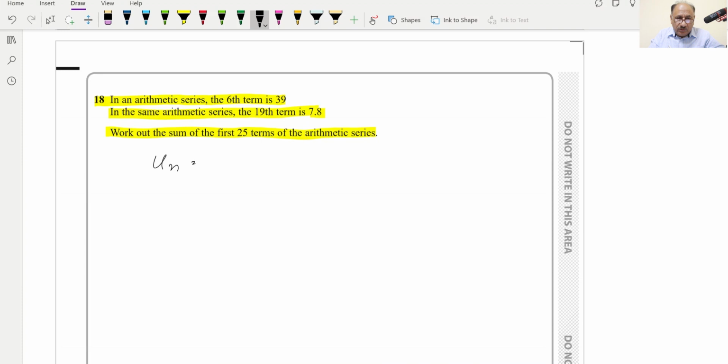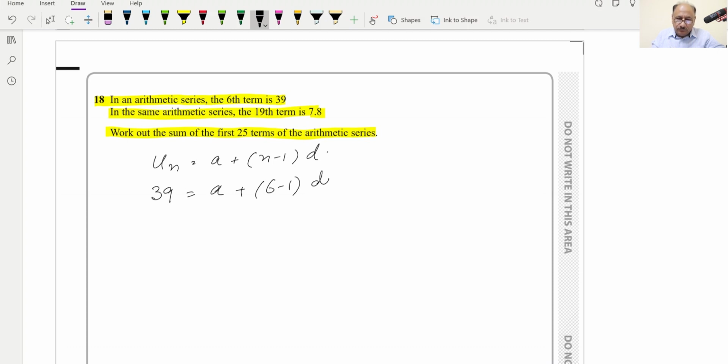We know un is equal to a plus n minus 1 into d. So the sixth term will be equal to 39, so a plus 6 minus 1, d.